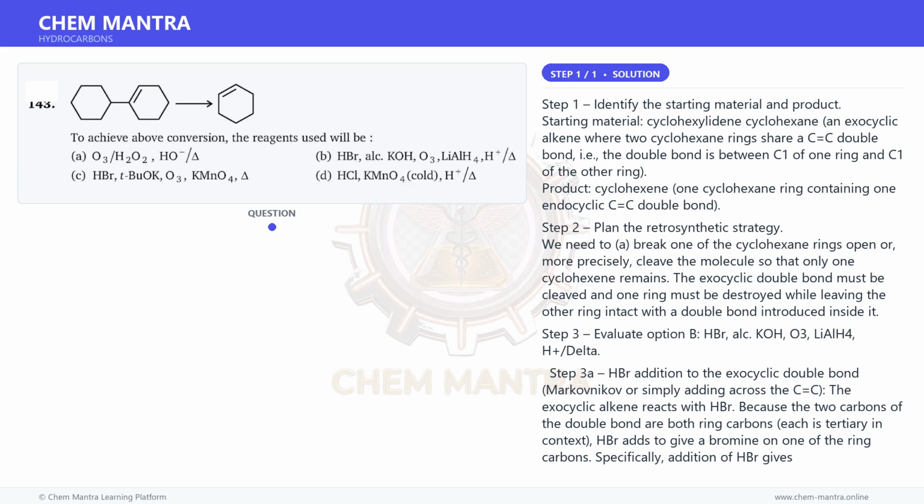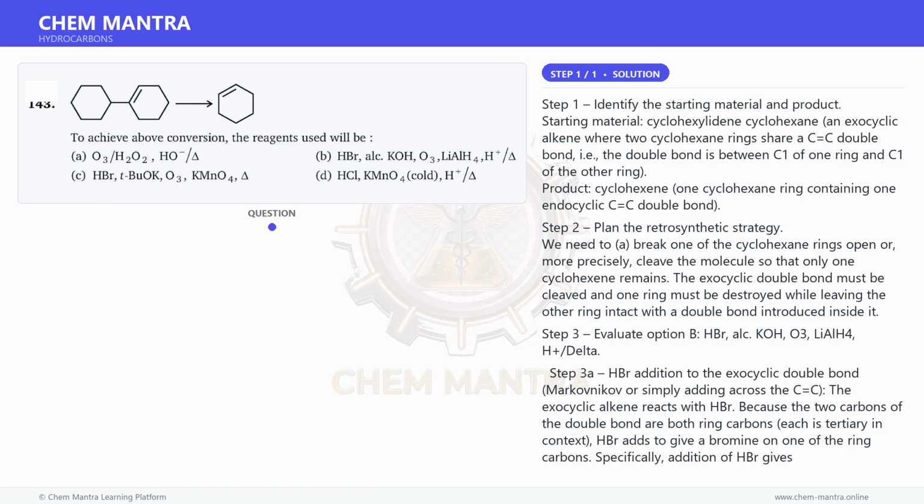Step 3d. LiAlH4, H+, reduction of the carbonyl groups to alcohols, then protonation. Step 3e. H+, delta, acid and heat, causes dehydration of the alcohol and intramolecular cyclization or simply dehydration, ultimately regenerating cyclohexene from the ring that was not cleaved.